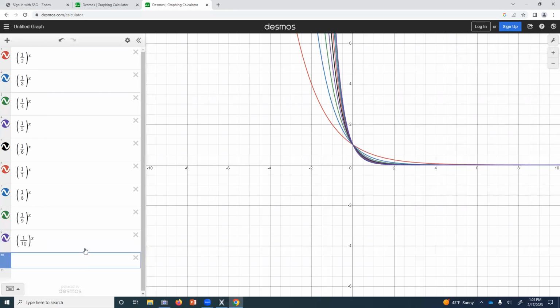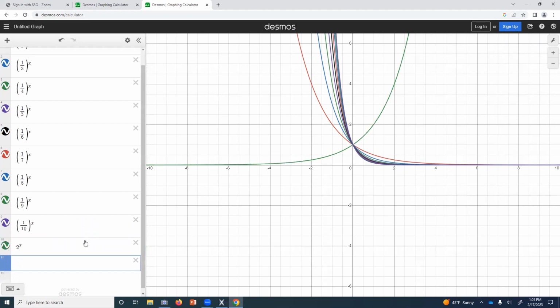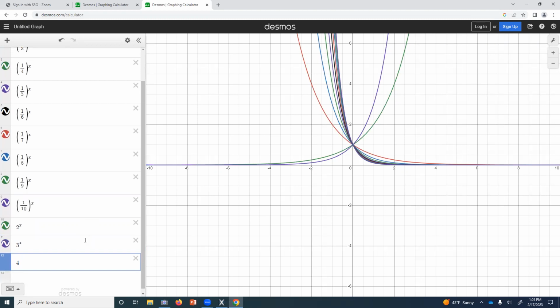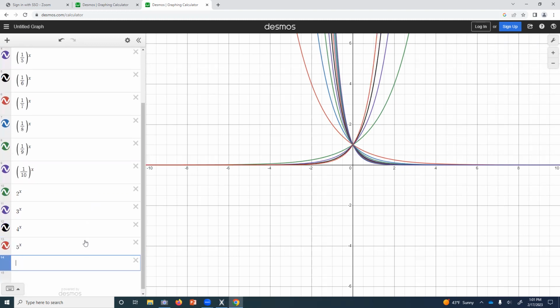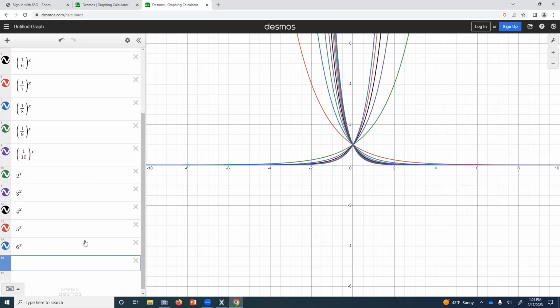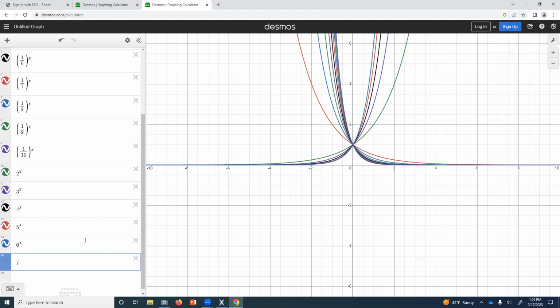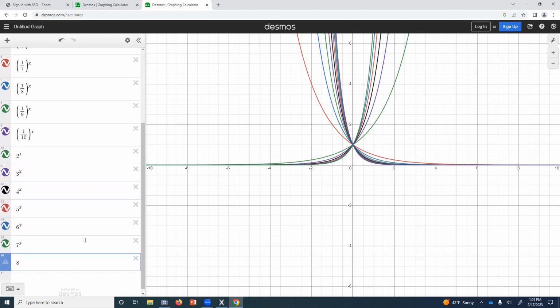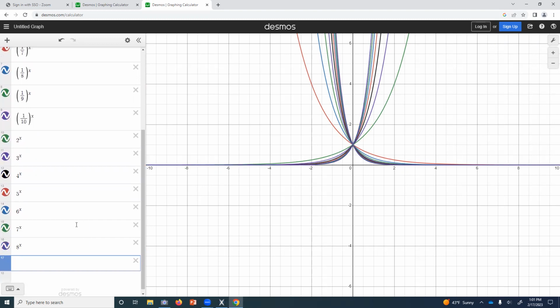So if I was to put some of these even that has a base bigger than 1, you can see they still cross at the same place, because no matter what that exponential is, if you have anything to the 0 power, it's going to equal 1.